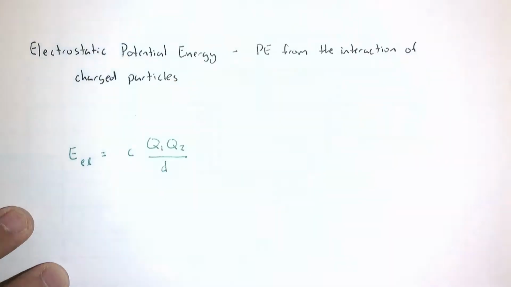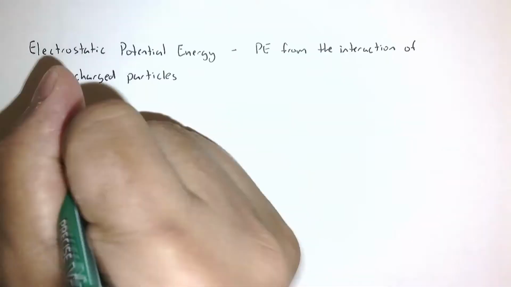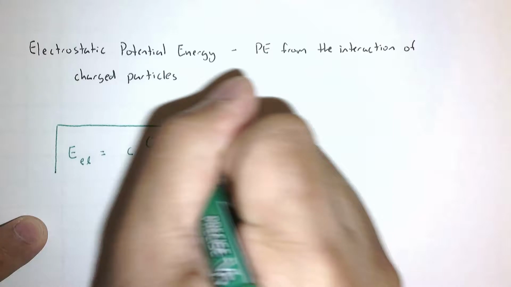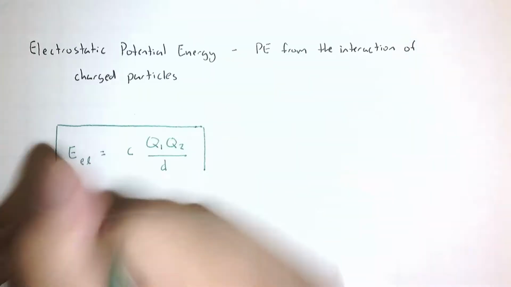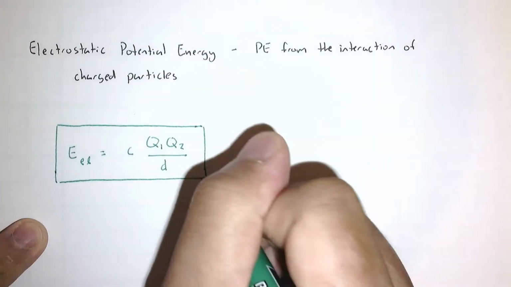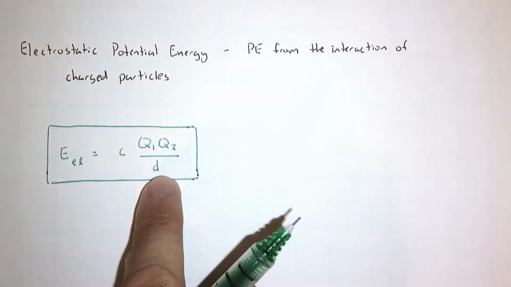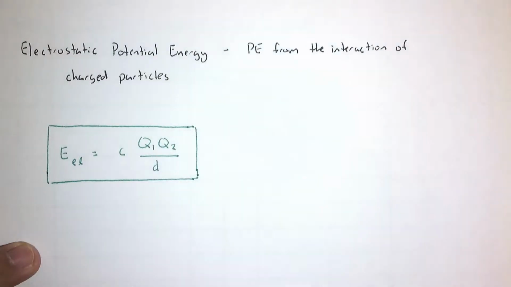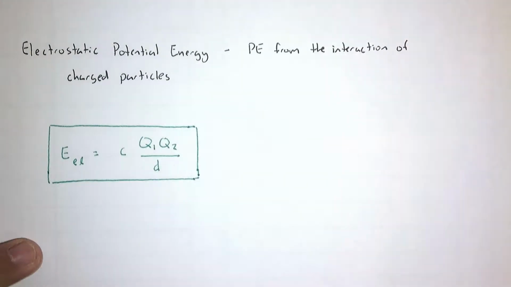We call this the electrostatic potential energy equation. It's not quite Coulomb's law. It's very similar to Coulomb's law, but remember Coulomb's law talks about force and the distance is squared. Very similar, but not quite Coulomb's. This is the electrostatic potential energy equation.